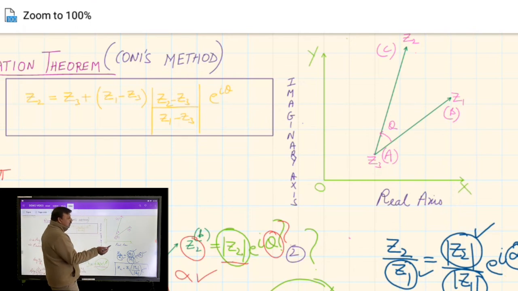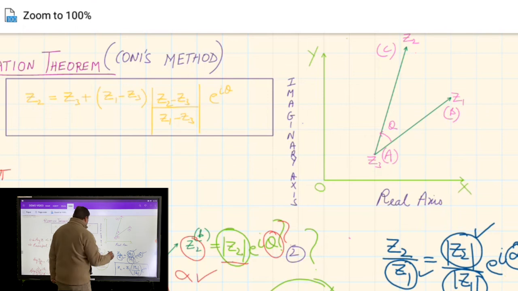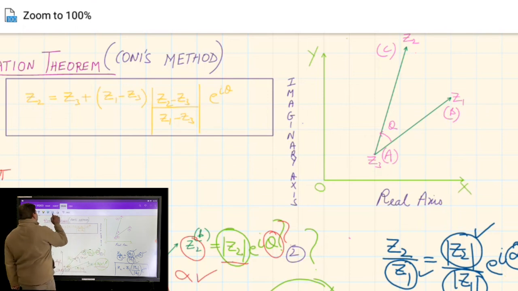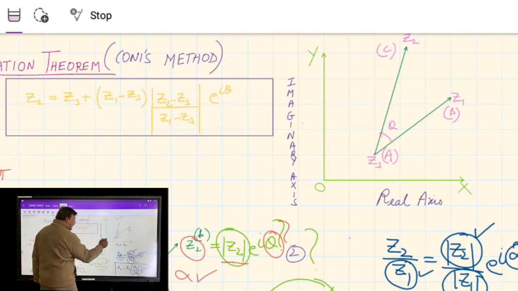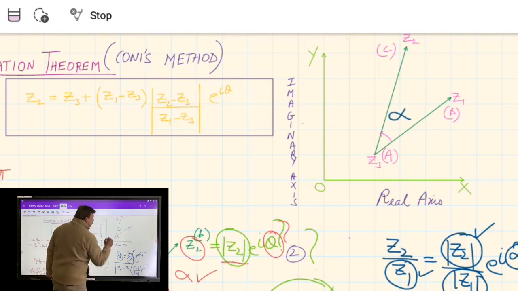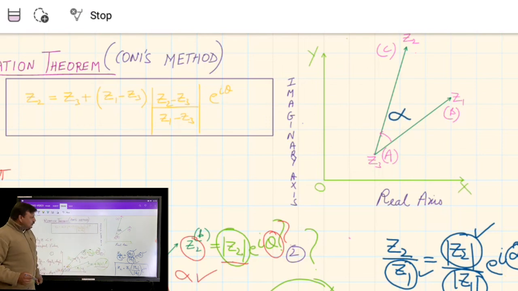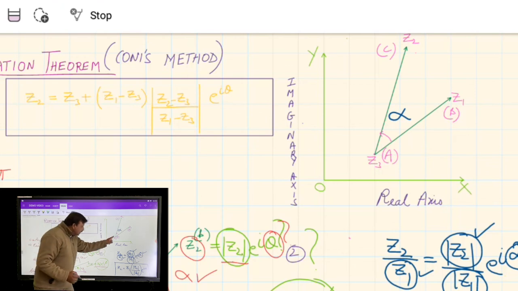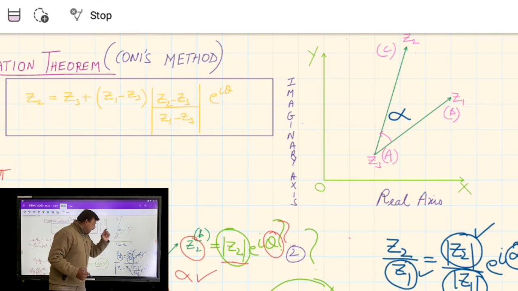AB vector, by theta angle, or let's call it alpha. Why don't we call it alpha? That will make everything easier, alpha here also we took. Now here, instead of the tail as origin, we are having Z3 as the tail.